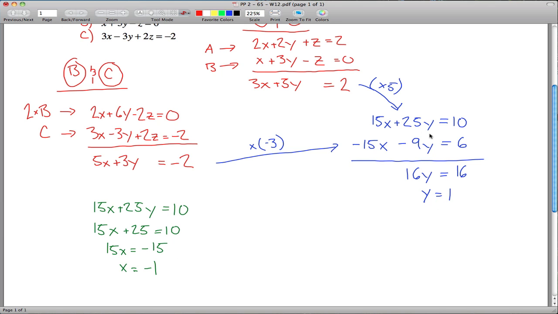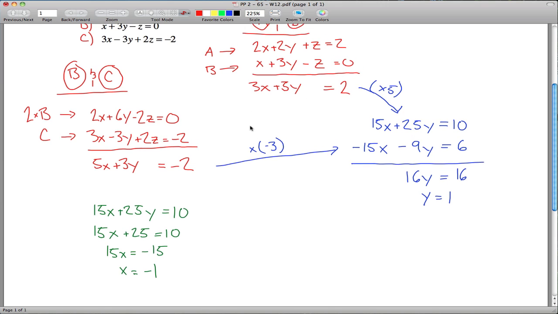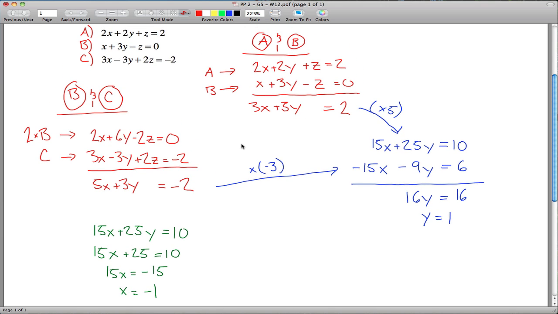So we can plug those both in wherever we want. Where would be the easiest way to solve for z? Maybe this top guy here, because this top guy has z all by itself. That top equation says 2x plus 2y plus z is equal to 2, but x is negative 1, so 2 times negative 1 plus 2 times y, but y is 1, plus z equals 2.